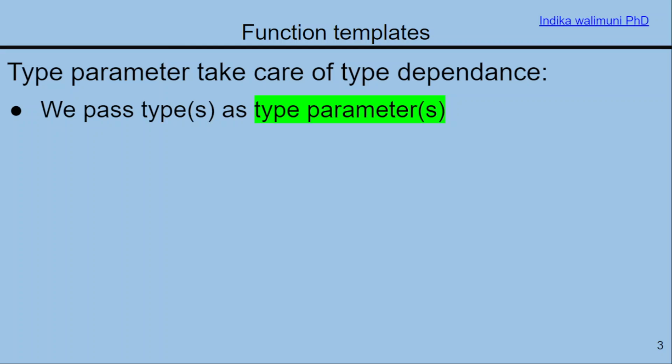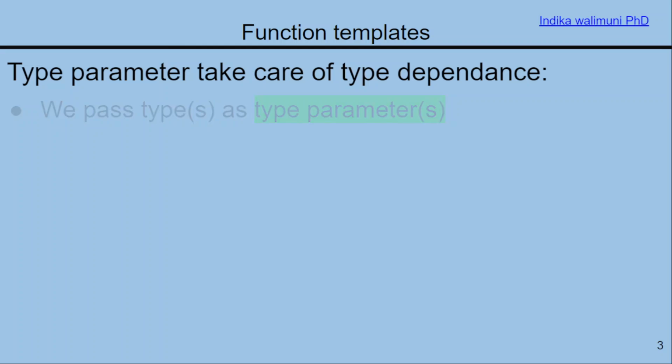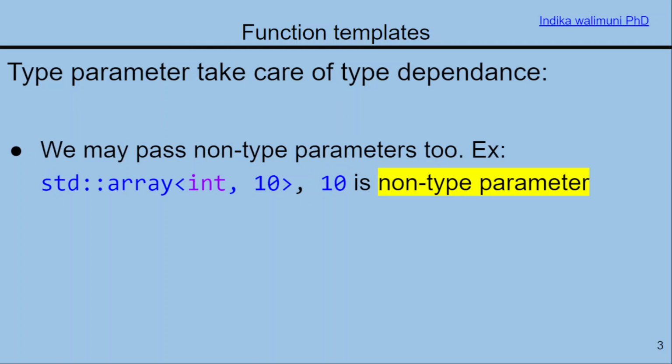Then at compile time, we select which type we want to use in our template, at the time of the usage of our function or class. So we're going to pass the real type that we want to use in our function template at the time of compilation, at the time of usage, usually in the main program.